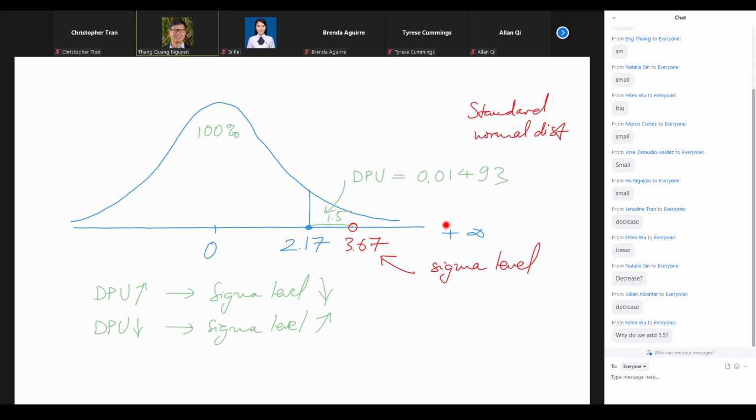And that's impossible. In reality, even a very high performance process will make 1 error from time to time. It cannot be 0. So without that 1.5, it's not realistic.